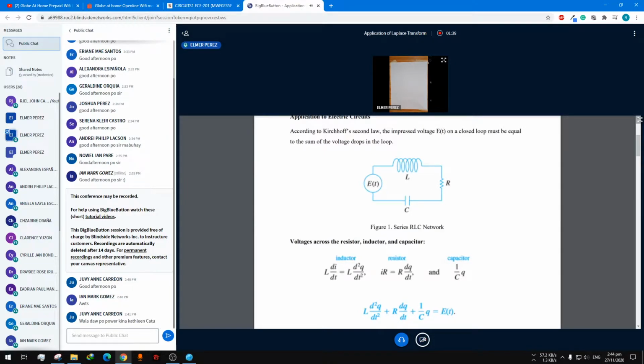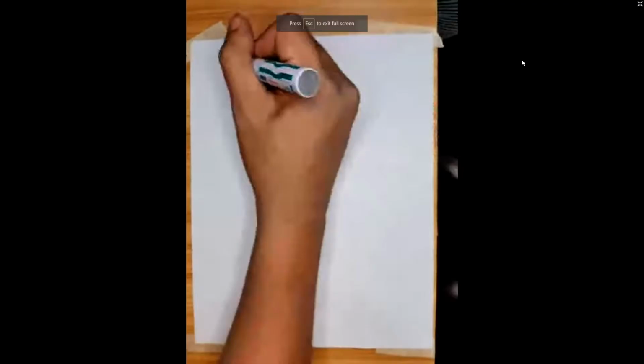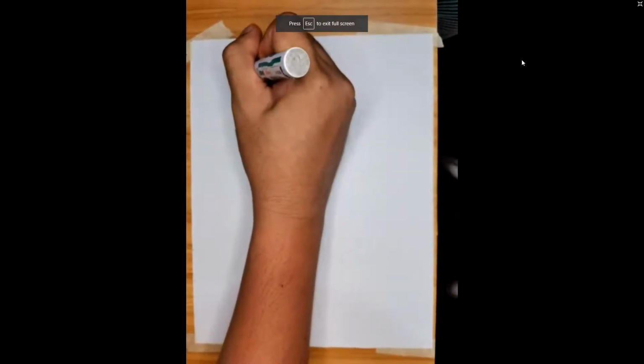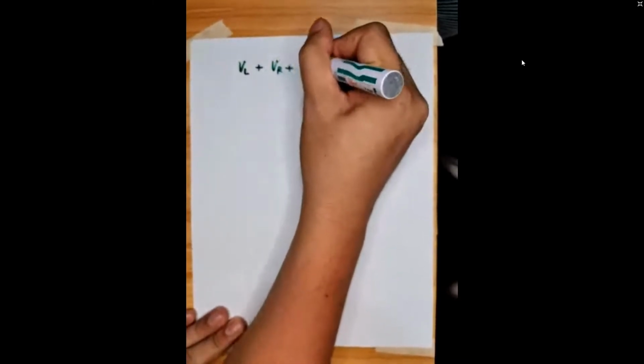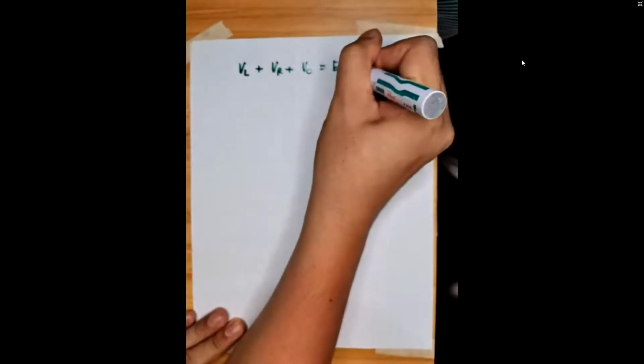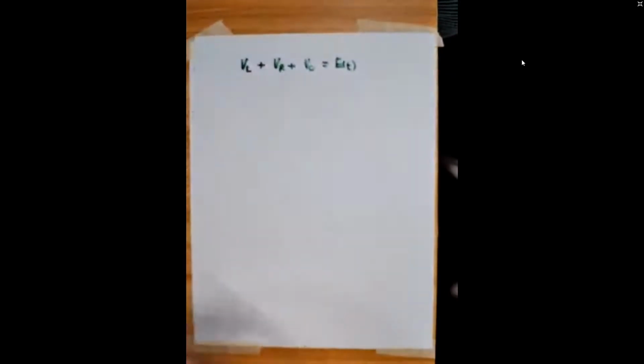So for an inductor, the voltage across an inductor is equal to L times the derivative of the current with respect to time. When in terms of charge, di ba? So if you will draw the KVL, yung voltage L plus yung voltage ng resistor plus yung voltage ng capacitor, which will be equal to the total voltage.